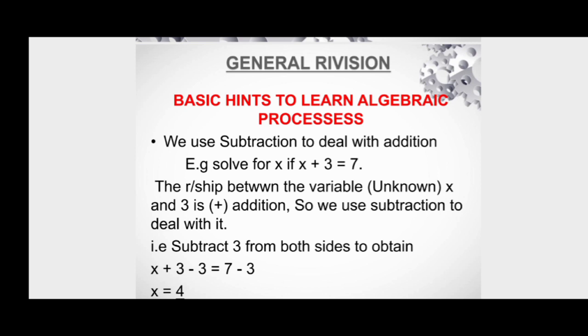No alphabet, no unknown. They are all known. We call it numerical expressions. And as well, if I have 5 plus x is equal to 6, it is an algebraic expression with an equal sign.